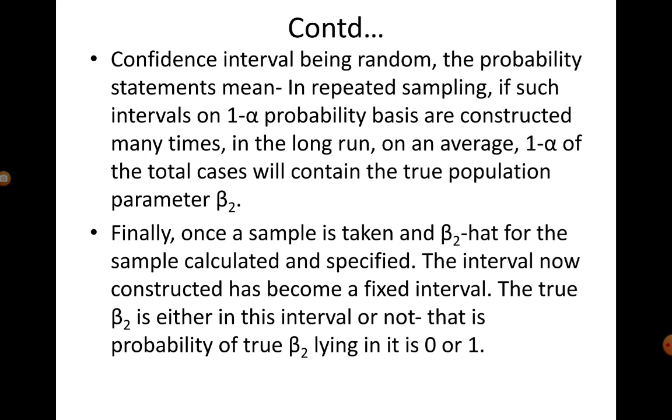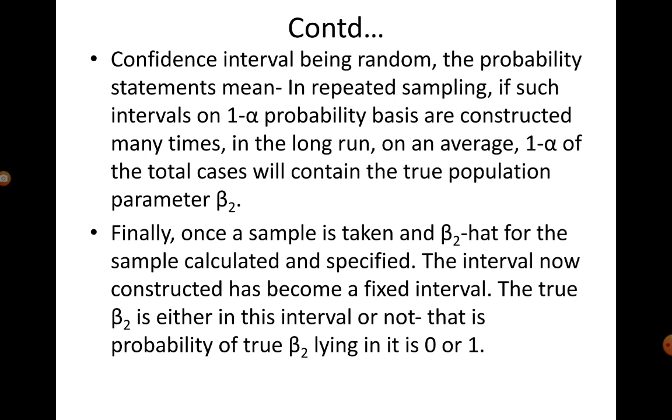I am saying 95% because I have assumed alpha is 5%. So if 100 times I take a sample from a population, calculate beta 2 hat for each sample and construct a confidence interval for each sample, then out of these 100 times, at least 95% of the cases in the long run will contain the true population parameter beta 2. So again, the 1 minus alpha probability is associated with the construction of the interval.